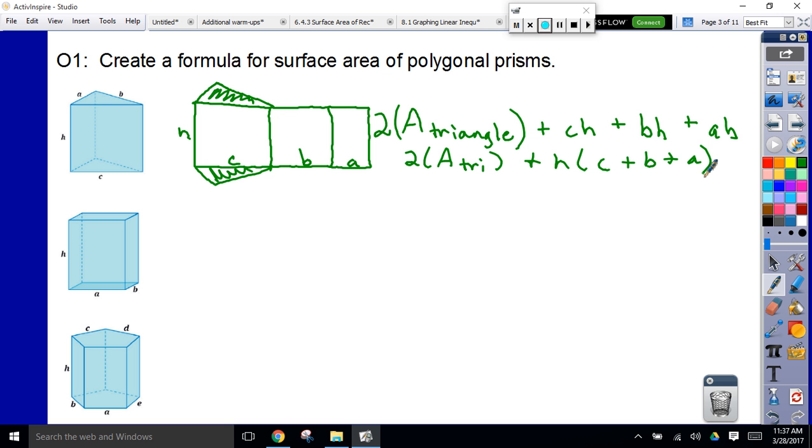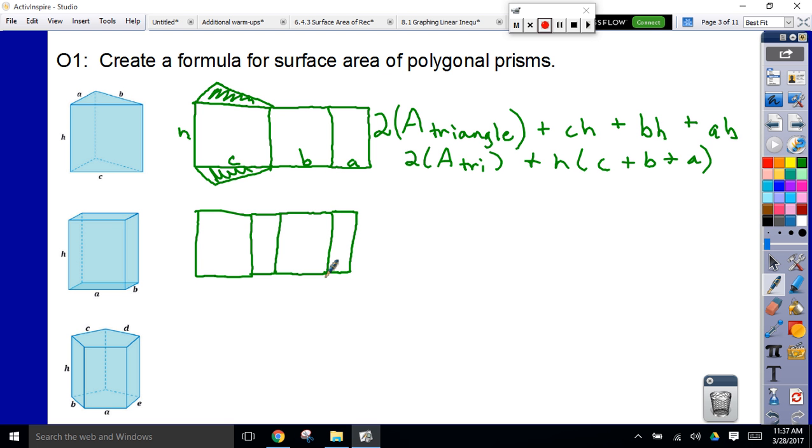Now we have the rectangular prism. We already know how to find this, but we're going to do it this way with our net. So we have this front face, then we have a narrower face, and then we have the wider face again, and then we have the narrower face.